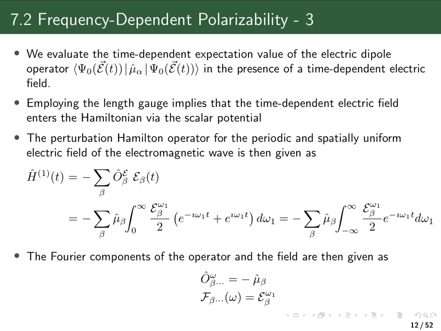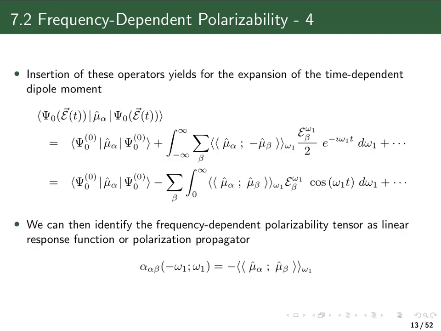Therefore we can now identify our perturbation Hamiltonian and the components of the field, and insert this in the expression which we had in chapter 3 for the expansion of the expectation value of some operator in response functions, which basically looked like this.